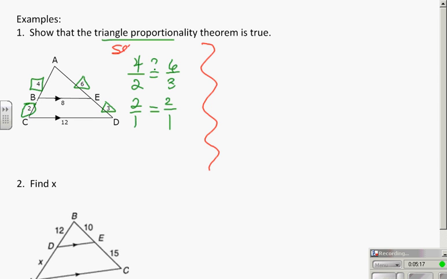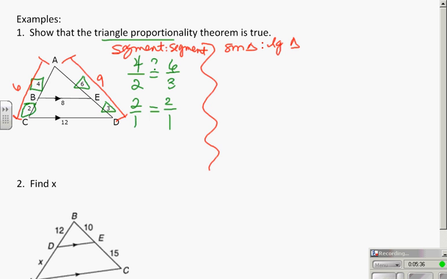Now this is where I want to show you. So this is segment to segment. Now I want to show you small triangle to large triangle.